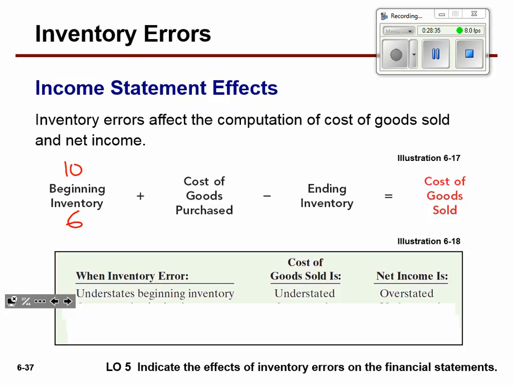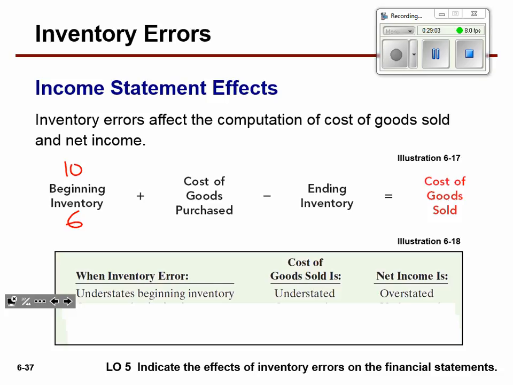Well, what will that do over here? It's going to understate cost of goods sold. Because all the way across here, we started with way less when it should have been more. So it would make cost of goods sold appear to be way lower than it should have been. Net income then would be overstated because it's going to look like we have more money than we really do.